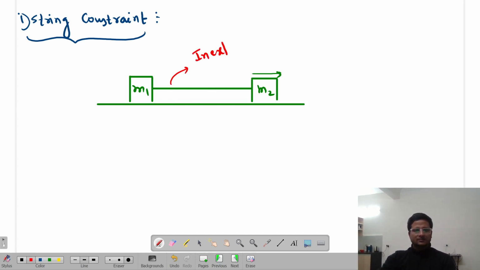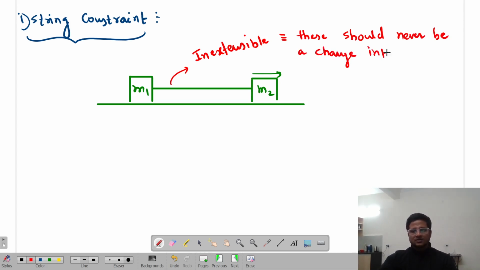First rule क्या रहेगा? This thread is going to be inextensible, means there should never be a change in the length of the thread.